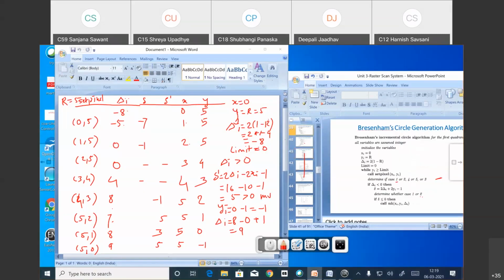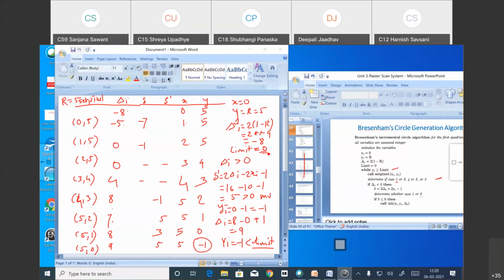Whether yi is greater than or equal to limit. What is yi now? Minus 1. Now what happens here? It is less than limit. Limit is 0. So stop here. Are we going to set the pixel here?